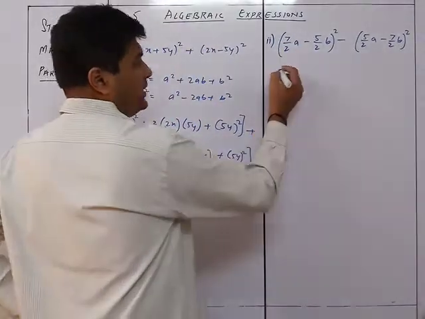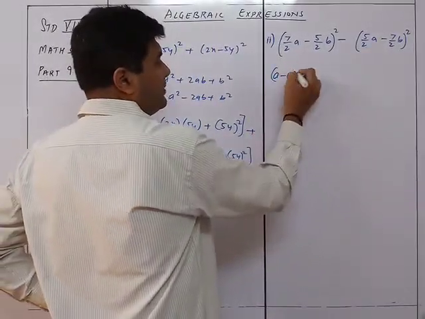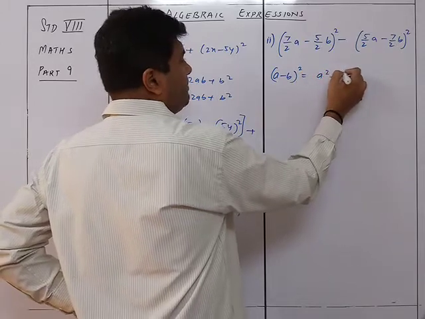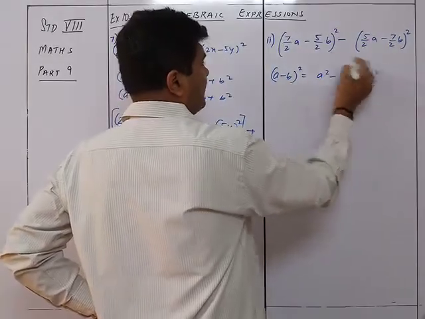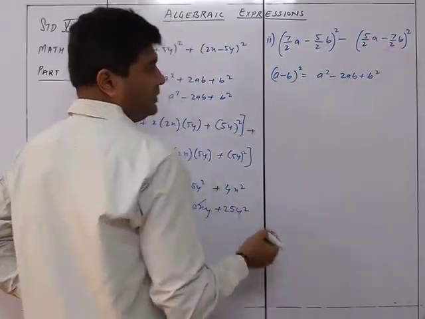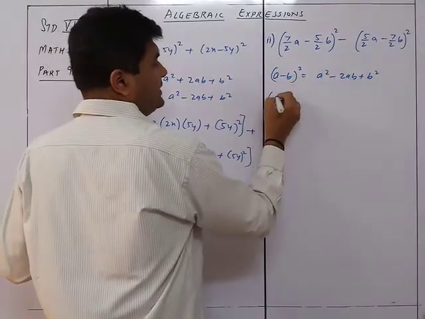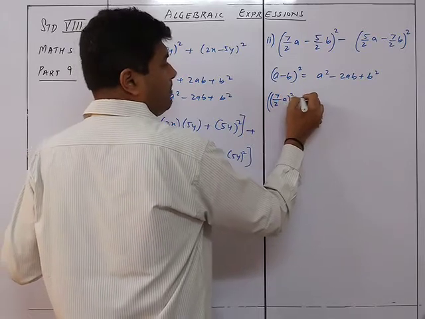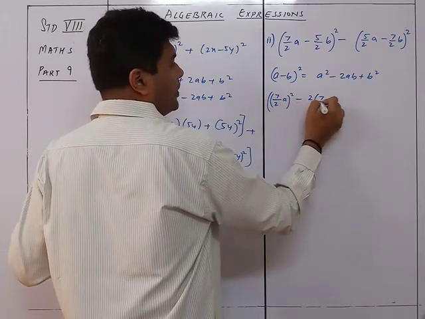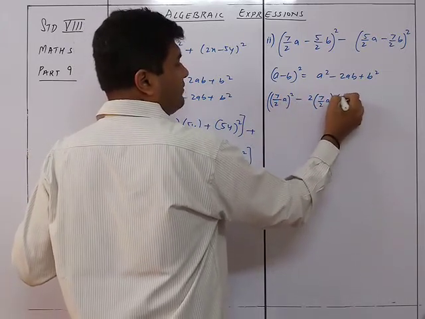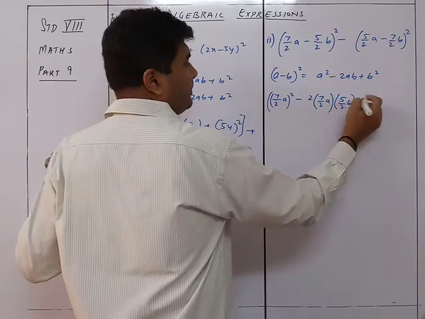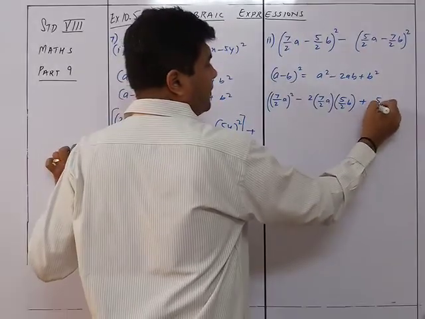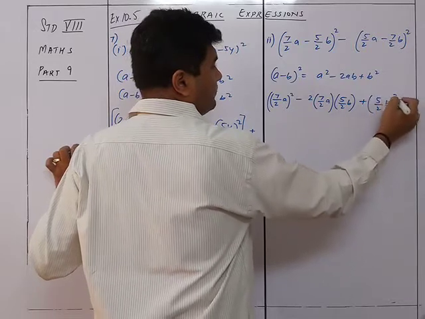So what we have over here is a minus b. We are going to use a minus b the whole square is a square minus 2ab plus b square as the formula for this one as well as this one. In the first case it will be 7 upon 2a the whole square minus 2 into 7 upon 2a into 5 upon 2b plus 5 upon 2b the whole square.